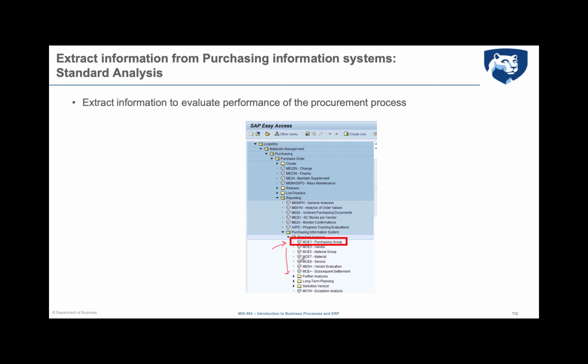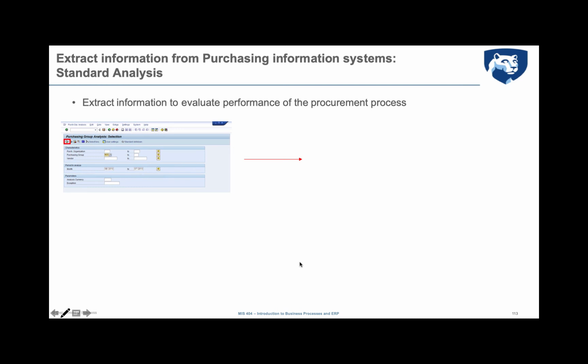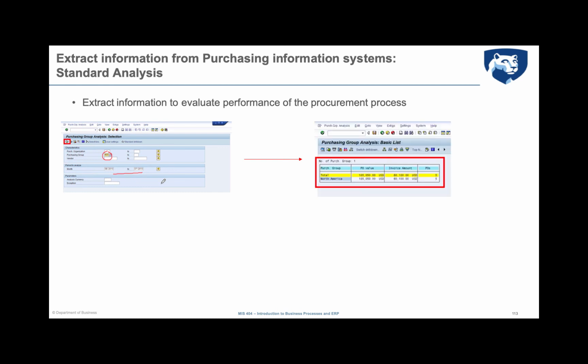Imagine that we want to extract some data about the purchasing group. You open it, and again, sorry, it's very tiny, but basically you are searching for the purchasing group N00 in this period between June and July of 2010, and the system is telling you, oh, you know what, that North America Purchasing Organization have had a purchase order value of 185,000 USD and an invoice amount.